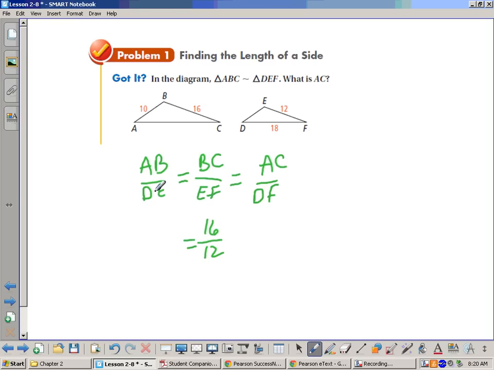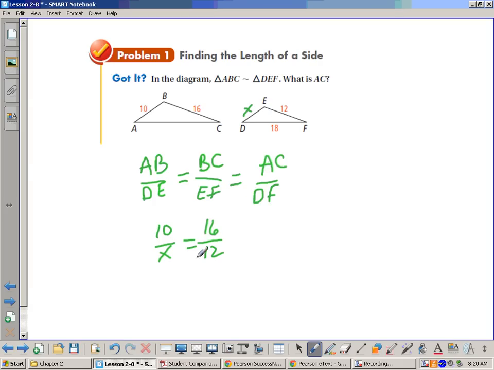Then over here, we put 10 in for AB and let X, or some variable, represent the missing length. So we're trying to find that X.